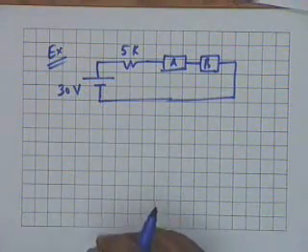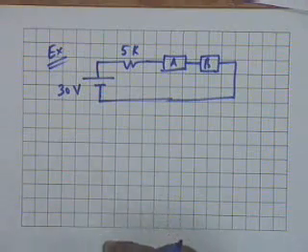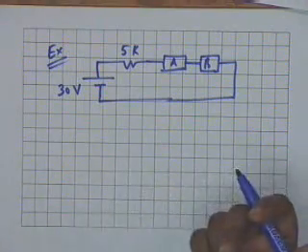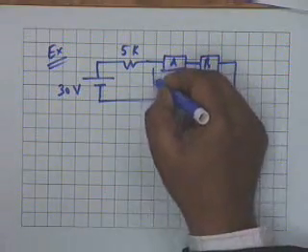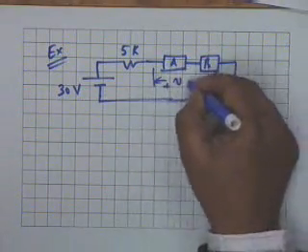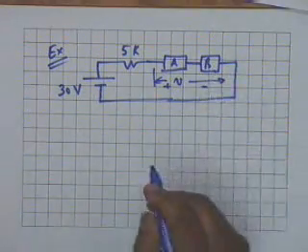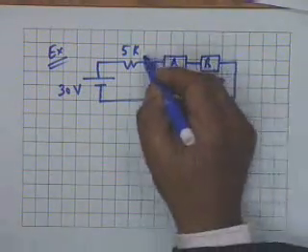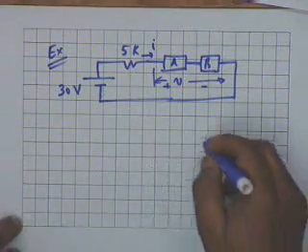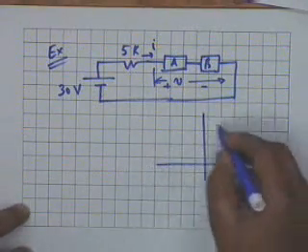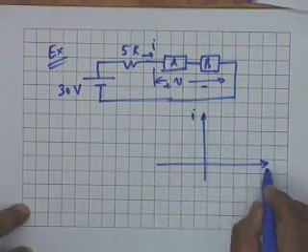What do you mean by characteristics? A plot of I versus V or V versus I. This is given. If this voltage is V, the composite device, that is A and B in series, and this current is I, the first thing you have to do is to have the composite characteristics, that is, plot I versus V.